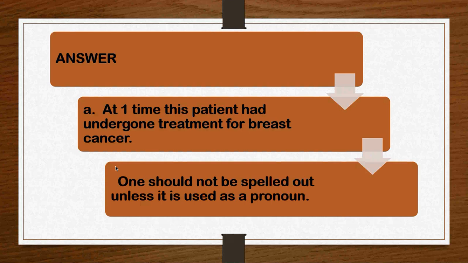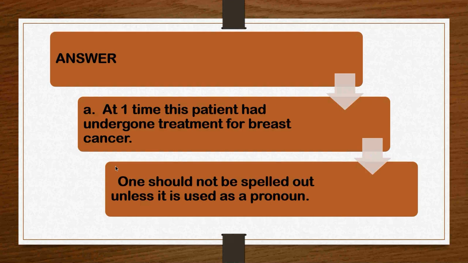If one is being used as an adjective, as it is in this case, then you use the number. The only time you spell out one is when it's used as a pronoun. A good rule of thumb is if a noun follows the word one, then you use the numeral.